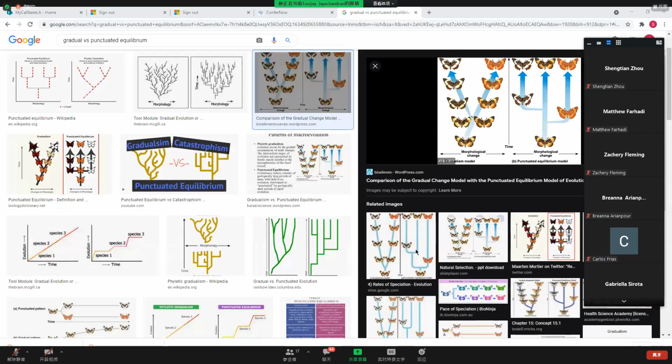One is called the gradual model, which basically says change occurs gradually. And two is the punctuated model, where you get quick spurts of change. Macroevolution is described as a combination of these two, right? Overall change is very slow, but then you have some quick spurts happening throughout time. Remember, we're talking about millions of years.